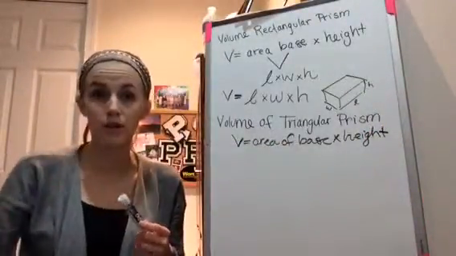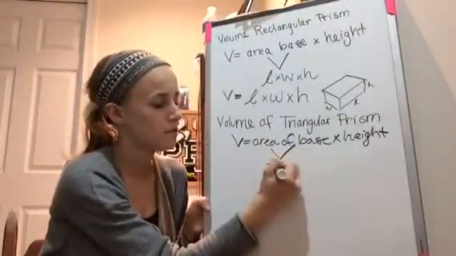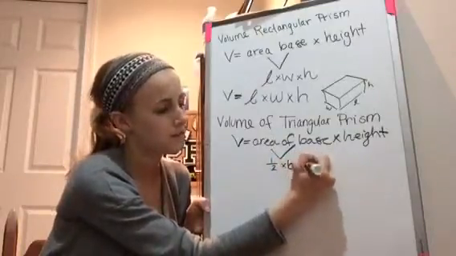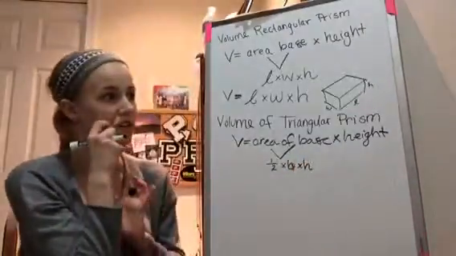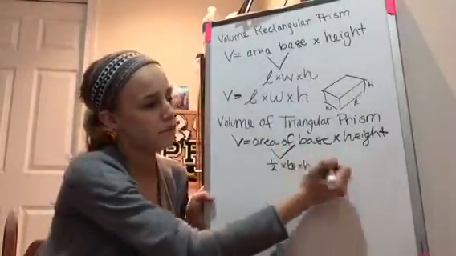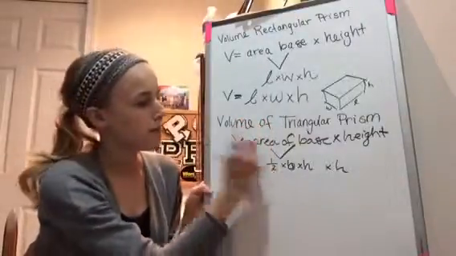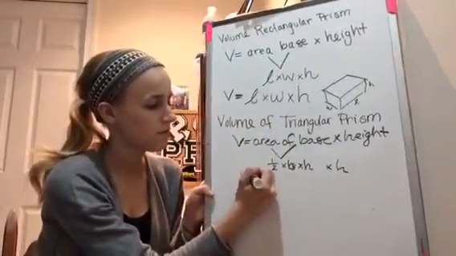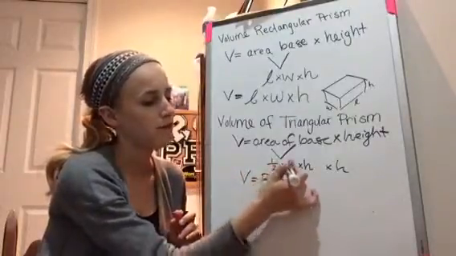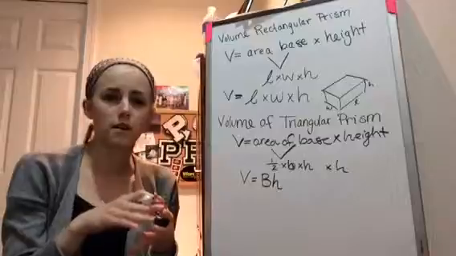What is the area of a triangle? That's why we did our warm-up yesterday, which had us find that. The area of a base is 1/2 times base times height of the triangle, which we could rewrite as width so that we don't get confused, because we're going to have another times the height. So when we write the volume equation for this, we usually say area of the base with a big B. So we know it's 1/2 base times height times the height of the prism.